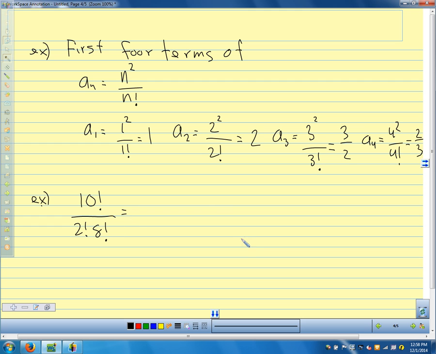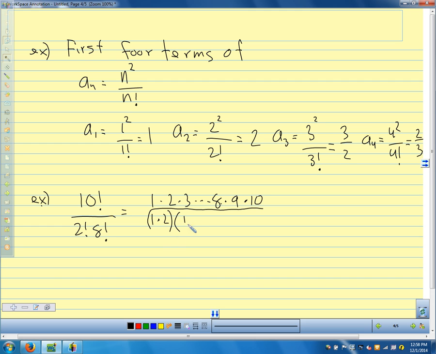What we can always do is just write out what this is telling us. This is 1 times 2 times 3 all the way up to 10, and I'm going to write a few more: times 8 times 9 times 10. 2 factorial is 1 times 2.